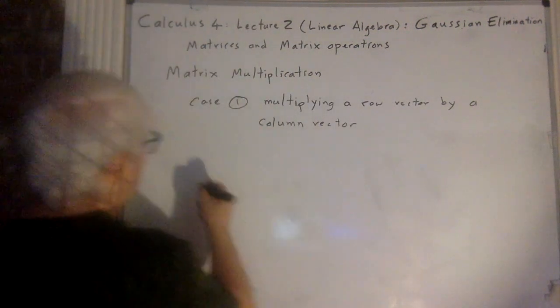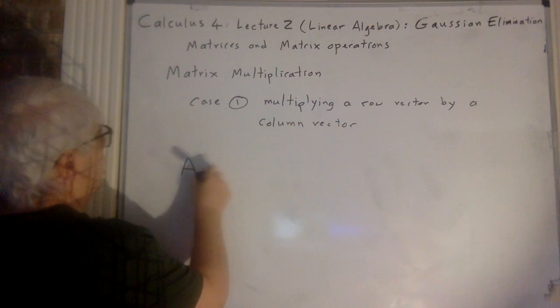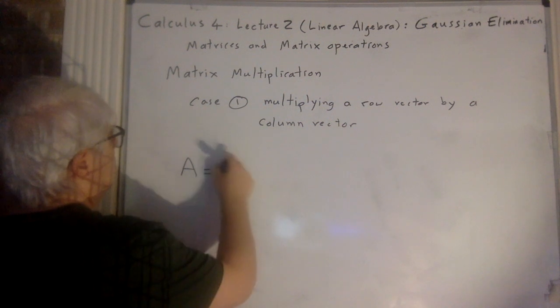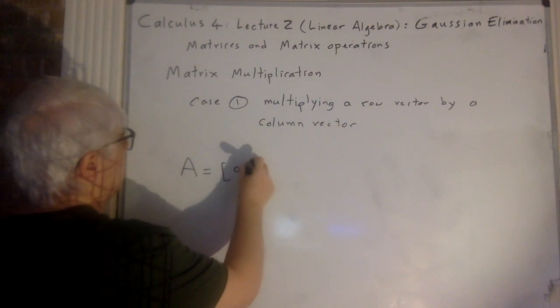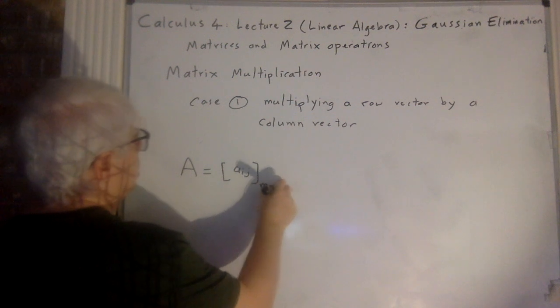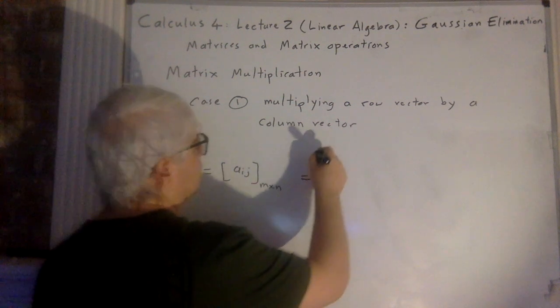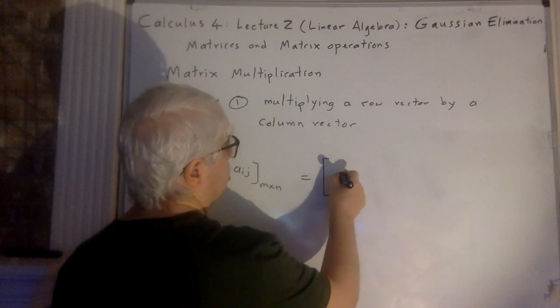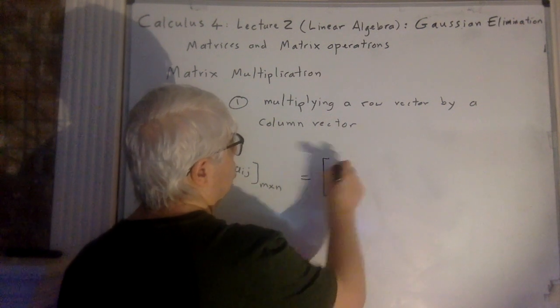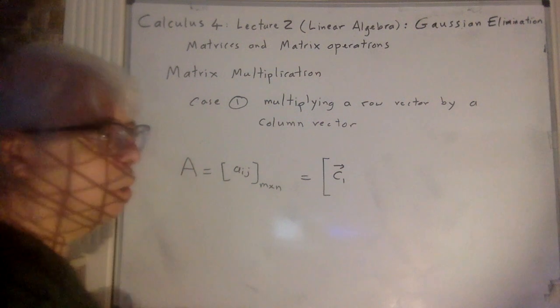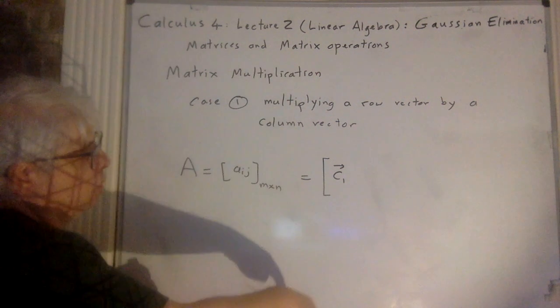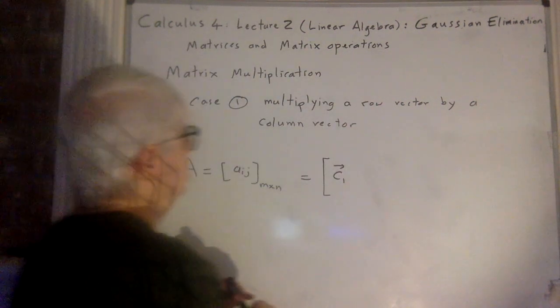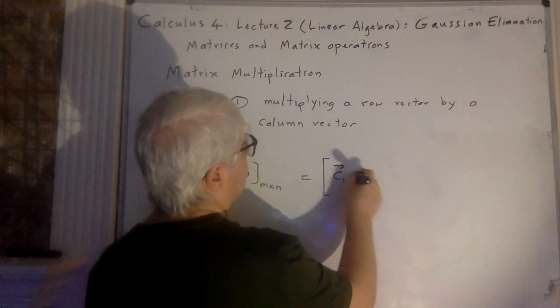Okay. Now, when I have a matrix A, Aij, n by n, I can write it in two different ways. One, I can just write it as columns. So this is column number one. Let me put vector notation on top. So this is column number one, column number two, column number three. So how many columns do I have?